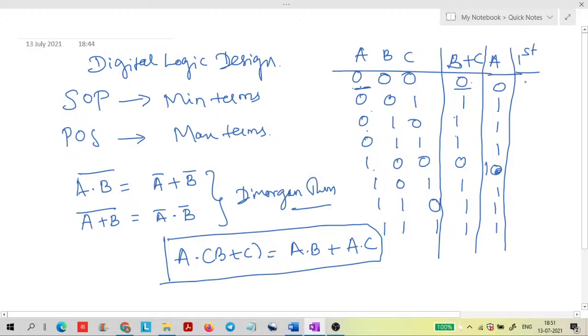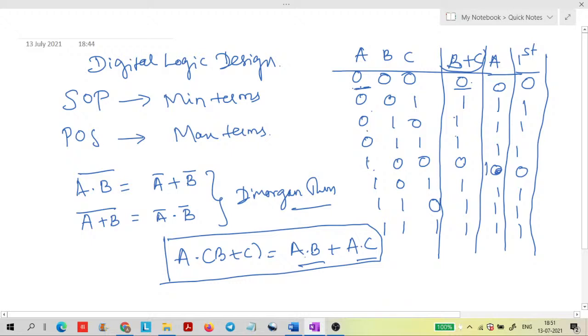Now you need to take the product of A into B plus C. If one of the values is 0, then the output will be 0. So this is for the first term. Similarly, you can go for AB plus AC to prove the second term.